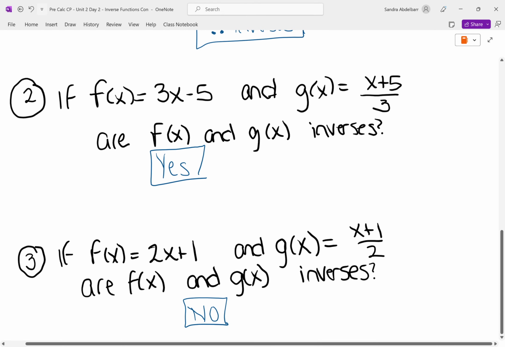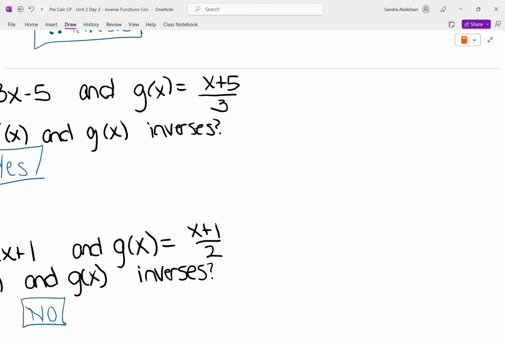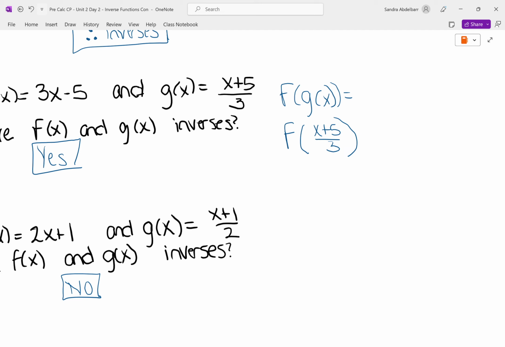Okay, so for the first one, we need to show 2 scenarios. We need to show f of g of x. I'll do that one first. So we're going to do f of x plus 5 over 3. So I'm going to go to f of x. Anytime I see an x, I'm now substituting x plus 5 over 3. So we have 3 times x plus 5 over 3 minus 5.